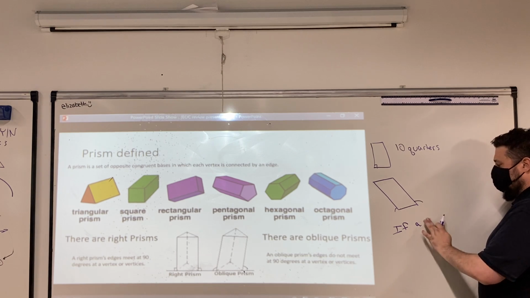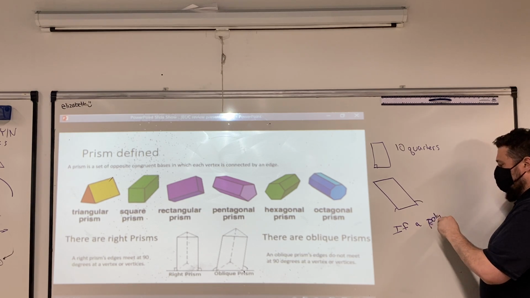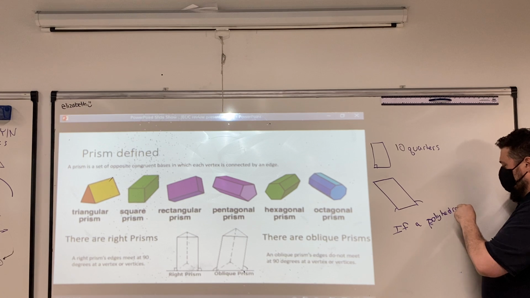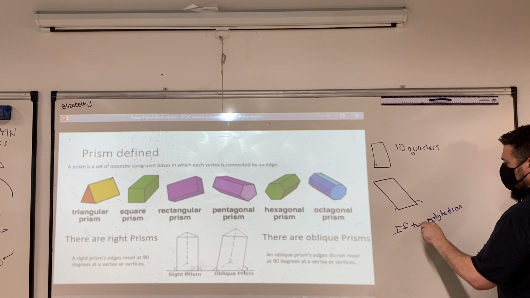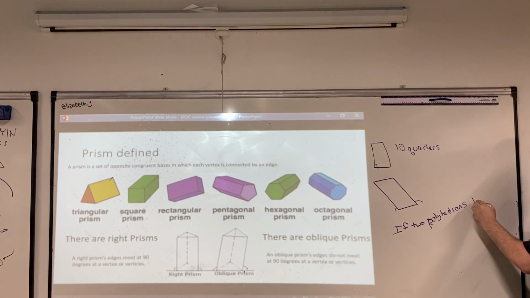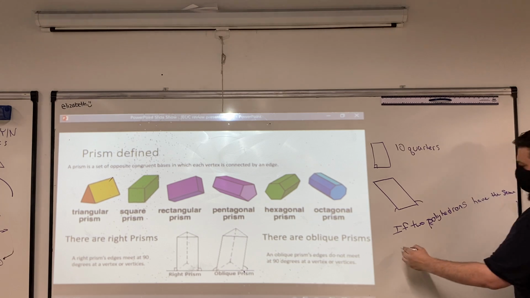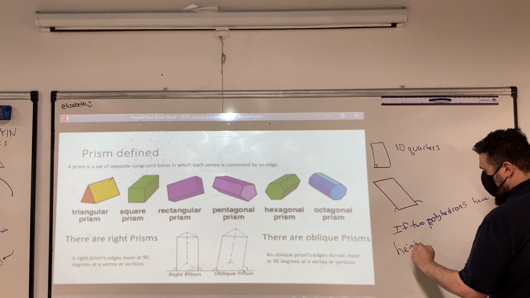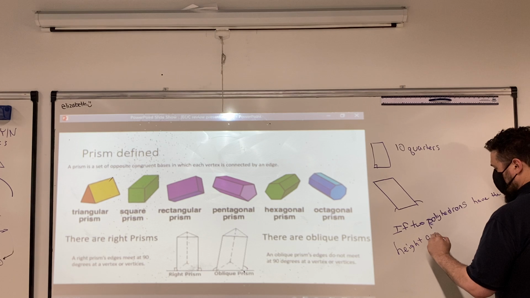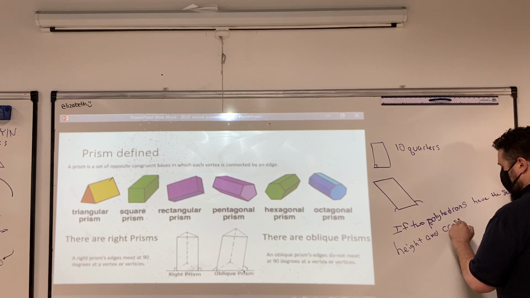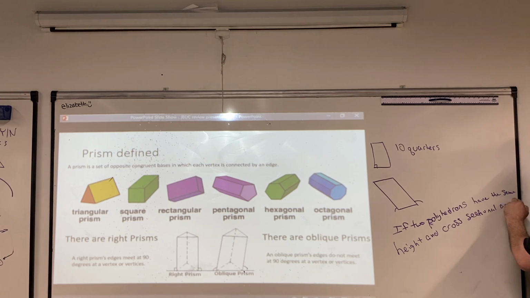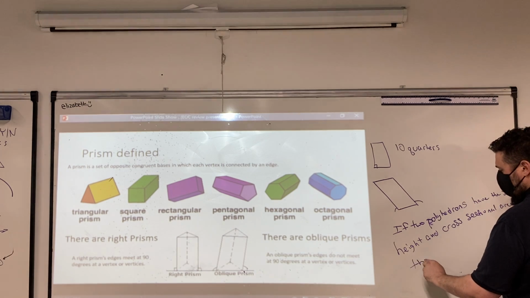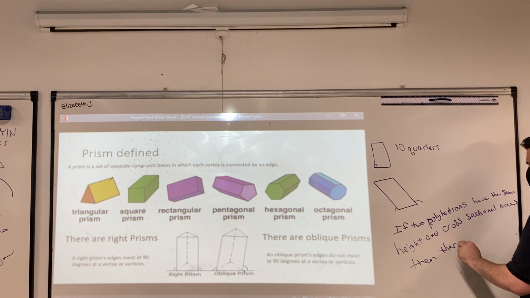So, if a shape, let's call it a polyhedron. That just means 3-dimensional shape. Now, some of this may not make sense just yet.